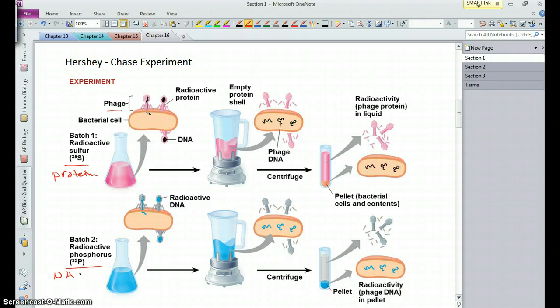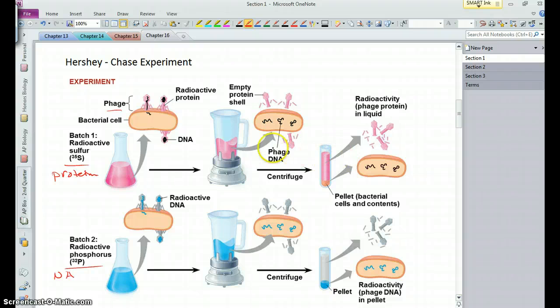All right, so they allowed the radioactively labeled phages to do their thing with the bacteria for a while. Then they put the mixture in a blender to separate the different components, basically the viruses from the bacteria. Centrifuge the liquid. The bacteria, being larger, settle on the bottom and form a pellet. The viruses stay in the liquid part.